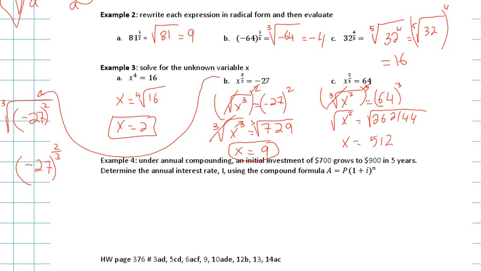Okay, so if you actually do what I told you to do, do 64 to the power of 3 over 2. You have to do 64 to the power of open bracket 3 over 2.